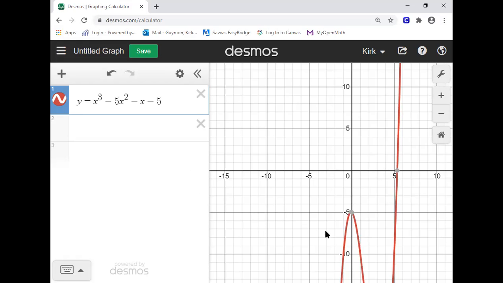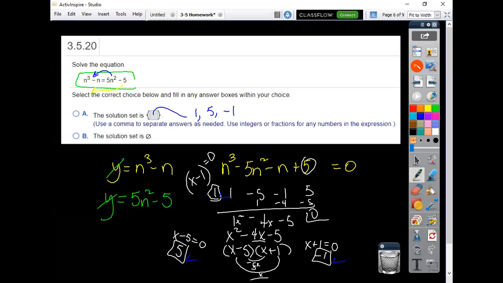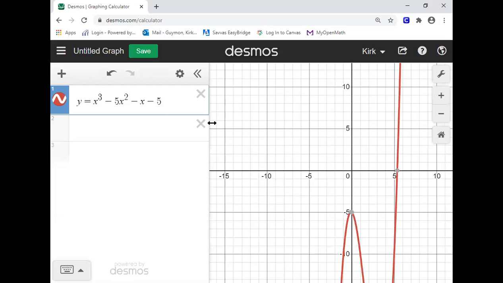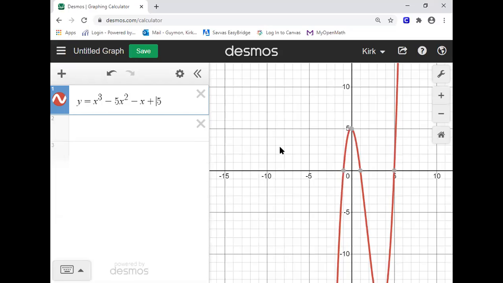I don't think I typed something right because I'm not in the right spot. I think I got a plus on one of those numbers. Let's go back and take a second look. I had the n cubed or plus 5 right here on the end. So the plus 5, and then hopefully we should see the -1, the +1, and the +5 for our solutions, using that method also.